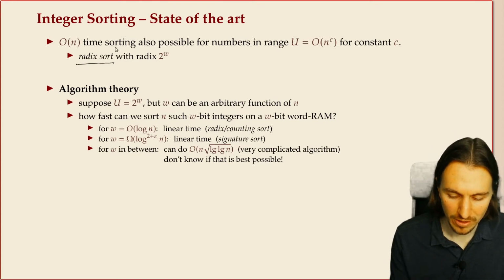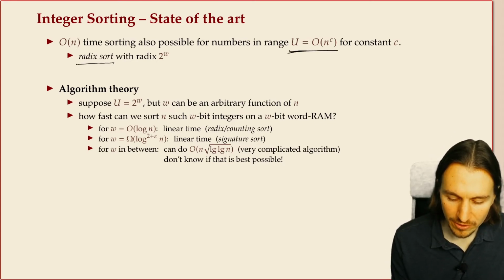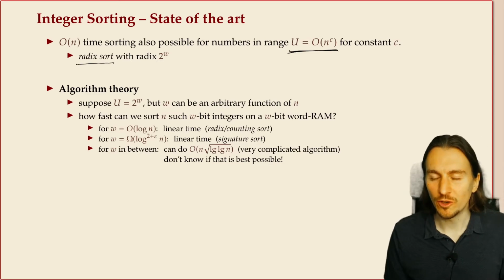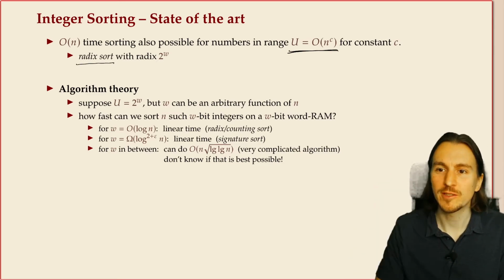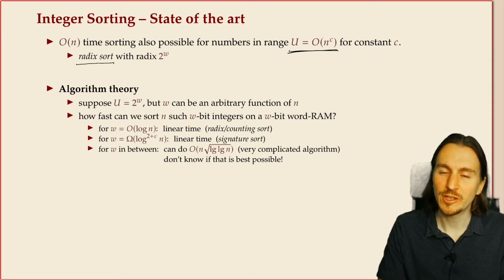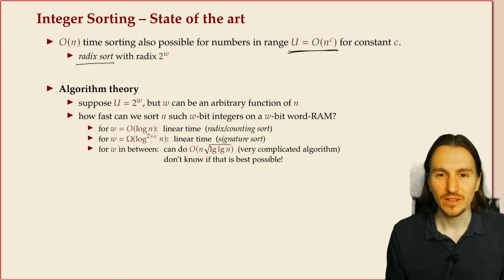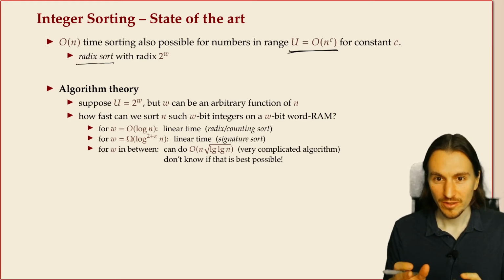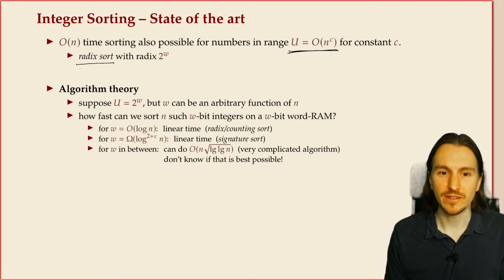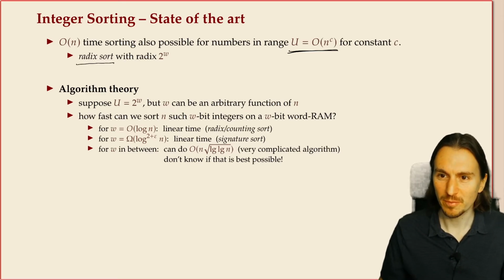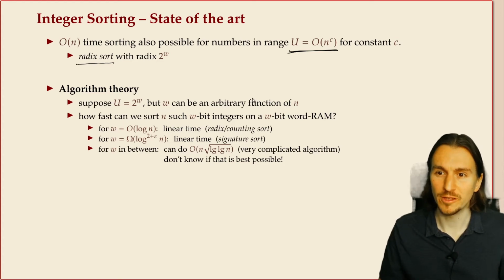But it's worth knowing that even if the range is polynomial in n to a fixed power, you can essentially apply the same idea by iterating a constant number of times, and you still get linear time sorting then. That's still a very restricted world, that the integers are fairly small, bounded in terms of the length of the array, or at least polynomial in the length of the array.